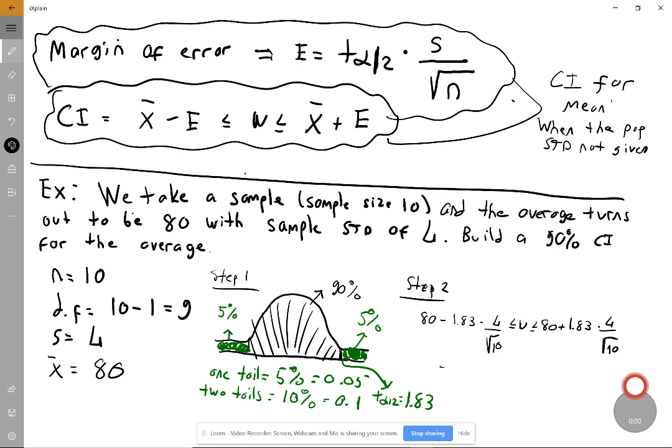If you do the calculation, it will be 77.7 less than or equal to mu, and the number is 82.33.